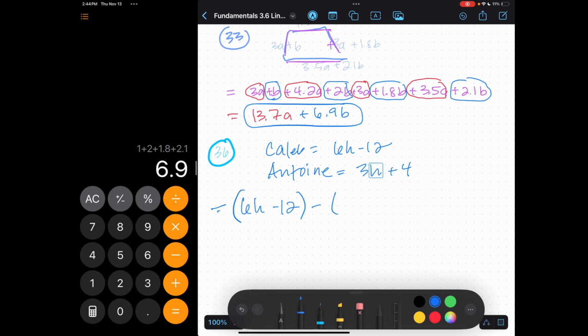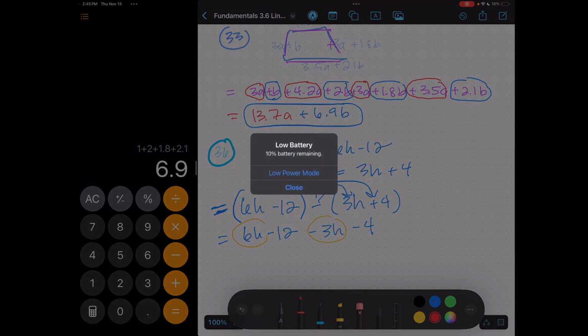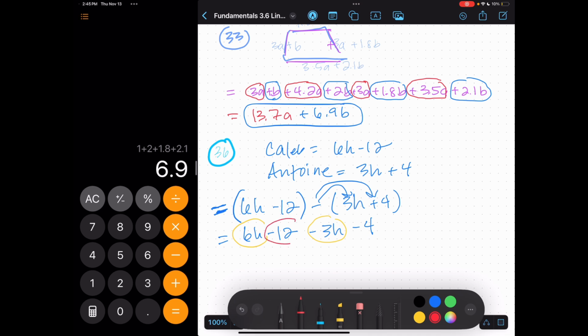They already set you up for success here because they tell you how many more did Caleb work than Antoine. So you know Caleb's value, whatever this is, as far as work hours, is going to be greater than Antoine's. So again, let's just equal sign, remove the parentheses, distribute out this negative. Okay, so this is negative 3h minus 4, and then combine like terms. We've got 6h and negative 3h. We've got negative 12 minus 4.